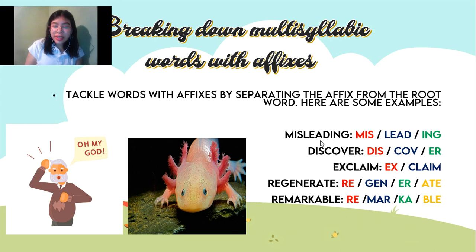So as you can see here, we have our prefixes and suffixes divided into syllables because they are considered syllables as well. For example, mis, or the ing at the end. We have the word discover, with its prefix, exclaim, generate, remarkable.